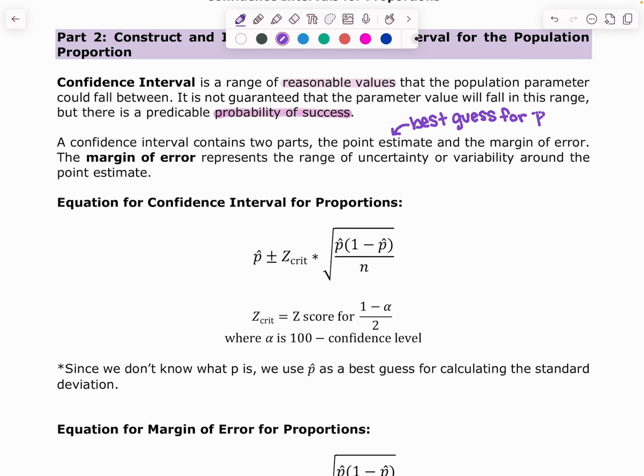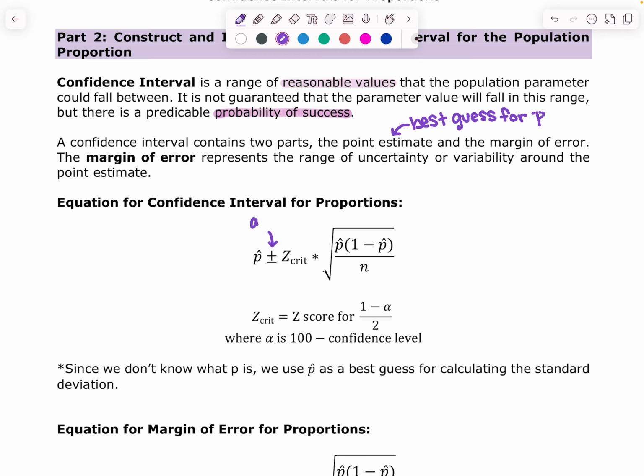So the equation for a confidence interval for proportions is p hat plus and minus. So this part here, the plus and minus, means that we're going to do the equation twice. Means we're going to do it once going through adding everything, and then we're going to go through again subtracting everything.